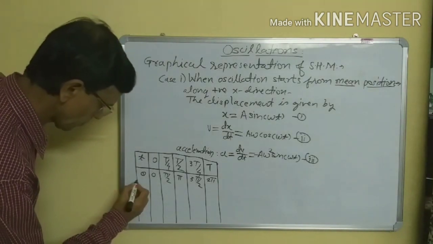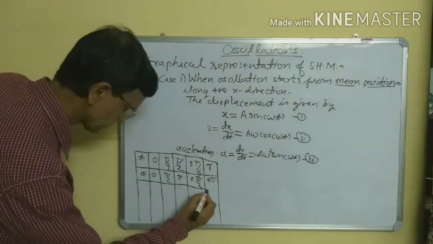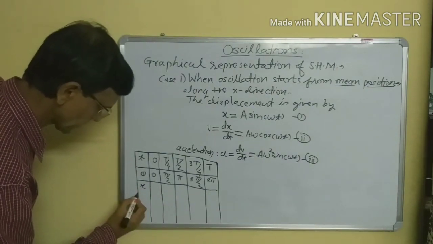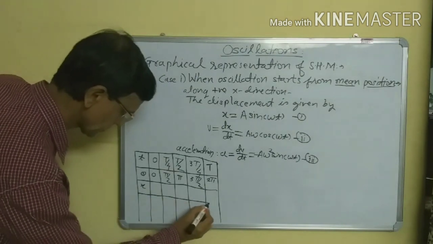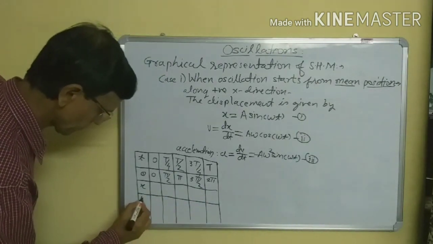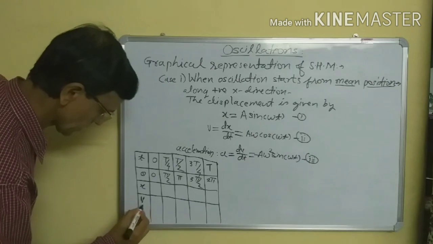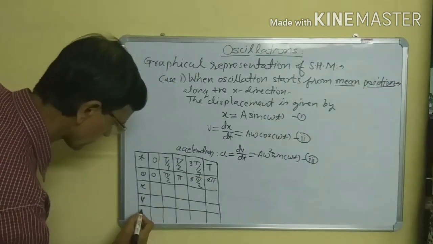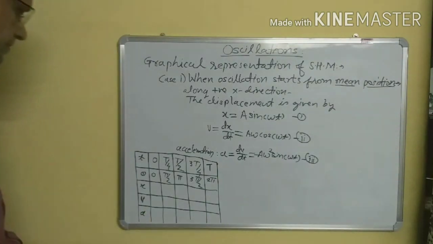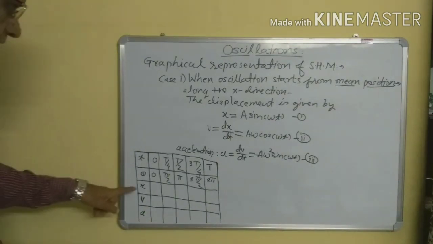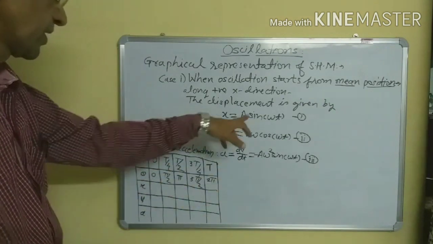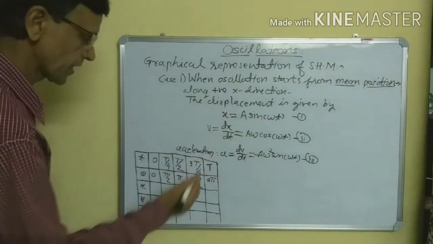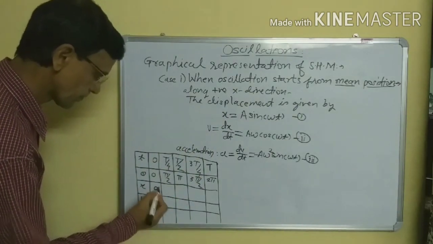Then we take the variable x, the values of which can be obtained by using the relations, then the values of velocity v and acceleration A. Displacement x can be obtained by putting in the value here. Sin 0 is 0, so x will be equal to 0.